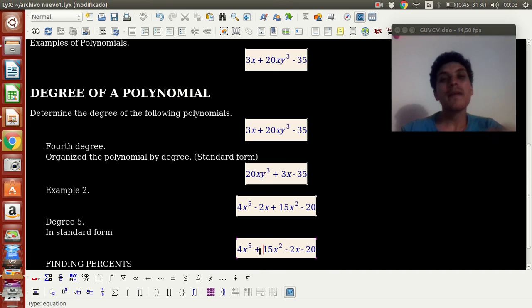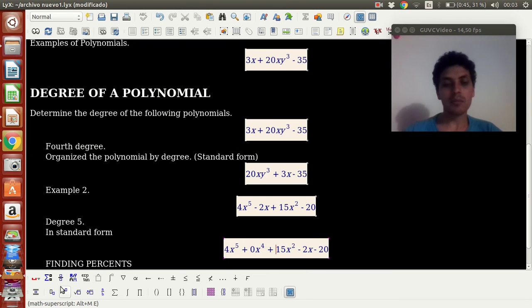So sometimes for some types of exercises we can add the fourth and the third degree terms. How? Using 0: 0 times x to the fourth power plus 0 times x to the third power. And we're counting 0, 1, 2, 3, 4, 5 degree.